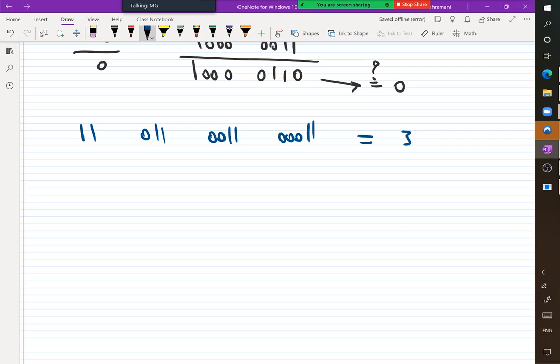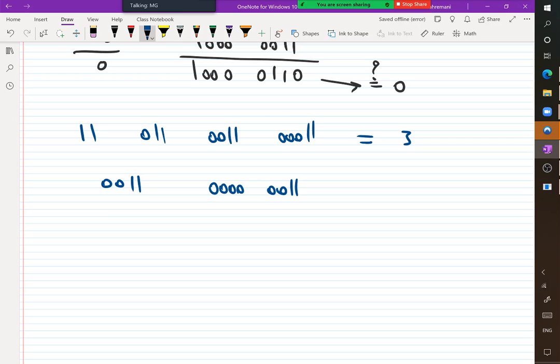If I ask you to write number 3 with 4 bits, you say 0, 0, 1, 1. If I ask you to write 3 in 8 bits, you say 0, 0, 0, 0, 0, 0, 1, 1. No matter how many zeros we have on the left.